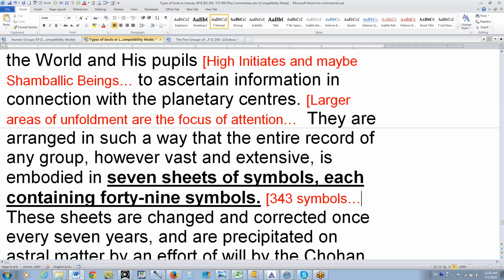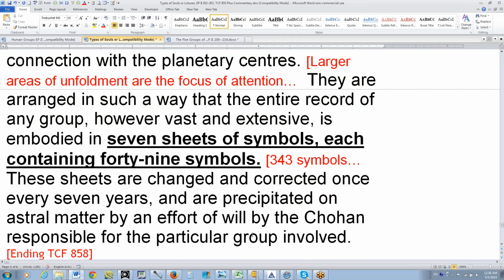It comes out to 10 as we see. So 7 times 49 is 343. 7 times 50 would be 350. Okay. These sheets are changed and corrected once every 7 years and are precipitated on astral matter by an effort of the will by the Chohan responsible for the particular group involved. So these appear to be ray groups.